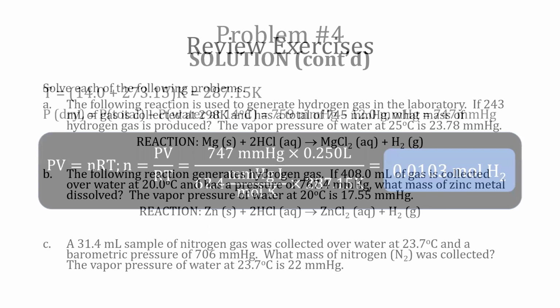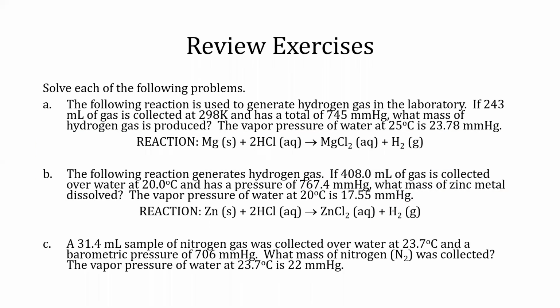Here are some review exercises for you to work on. Solve each of the following problems. A, the following reaction is used to generate hydrogen gas in the laboratory. If 243 ml of gas is collected at 298 Kelvin and has a total pressure of 745 mmHg, what mass of hydrogen gas is produced?